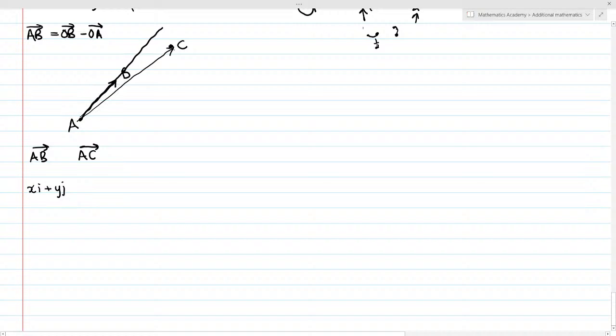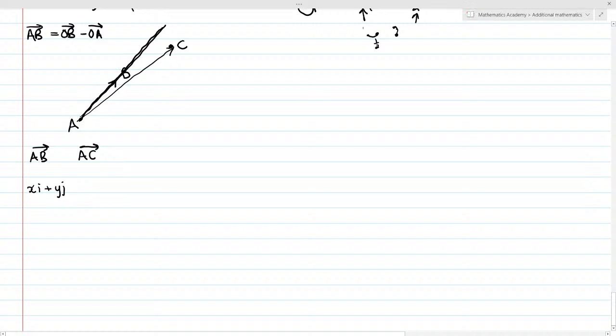Now, if AB and AC are parallel, that means that the point C must lie on the line AB, because C is on the line that passes through A and has the same slope as this line over here.